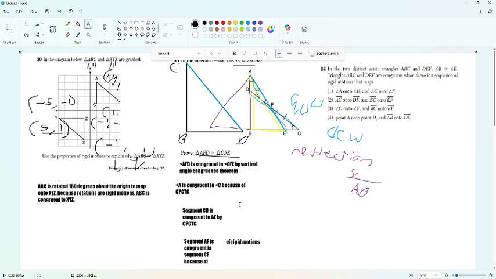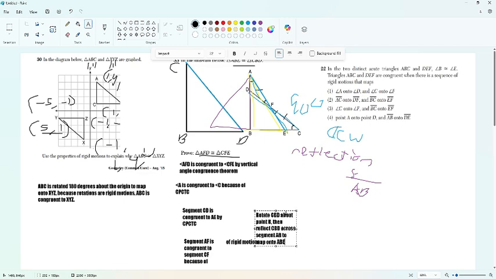Is that a valid proof? I think so. Okay, students, I think you need to add what you did: rotate CBD about point B, then reflect CBD across segment AB to map onto triangle AFB.